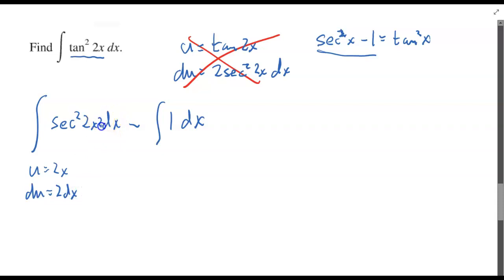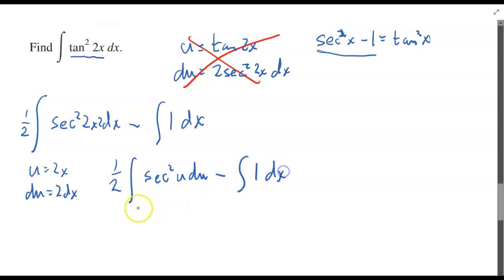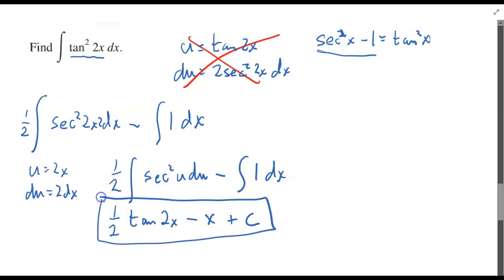If I put a 2 in there, I'm going to put a 1/2 in front, and I get 1/2 the integral of secant squared u du minus the integral of 1 dx. This is 1/2 tangent of u, which is 2x, minus the antiderivative of 1, which is x, plus c. And that's our answer using a Pythagorean identity.